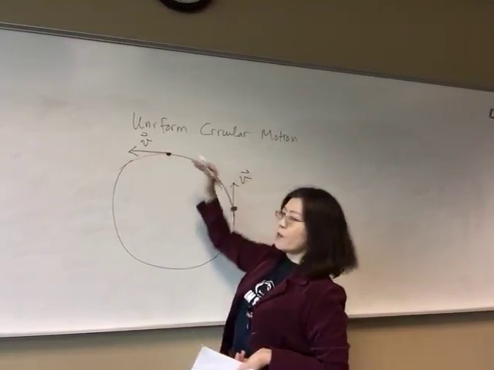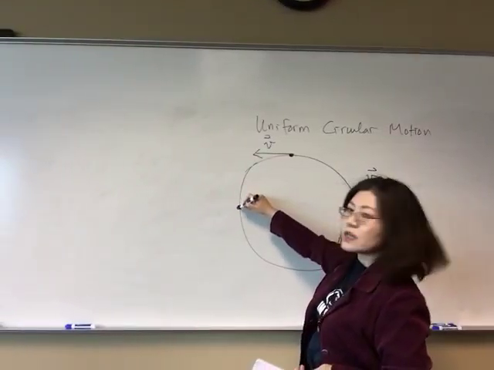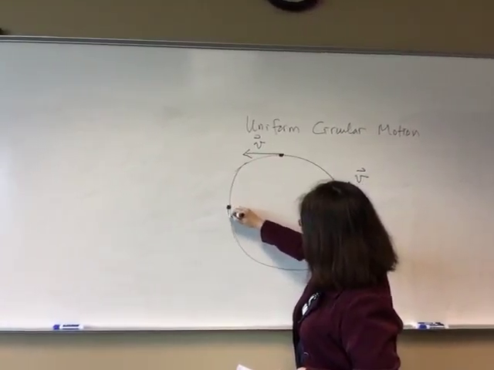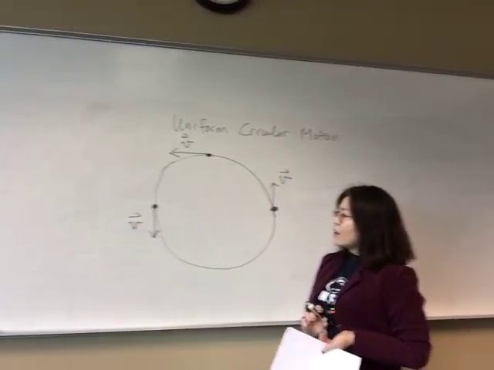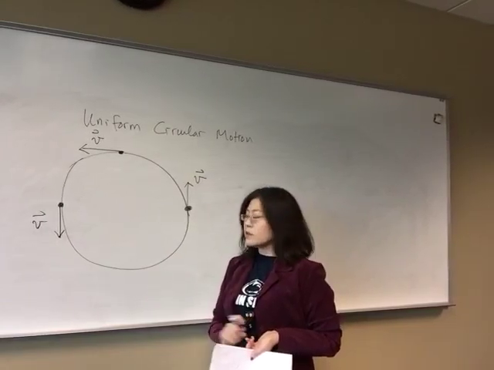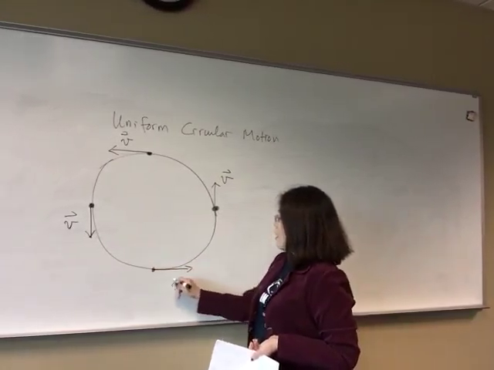This is upward, leftward. What about here? At this point, draw a line that's tangent to the circle. You can see that the velocity is now changing its direction and moving downward. At this point, it's moving rightward. What does that mean?